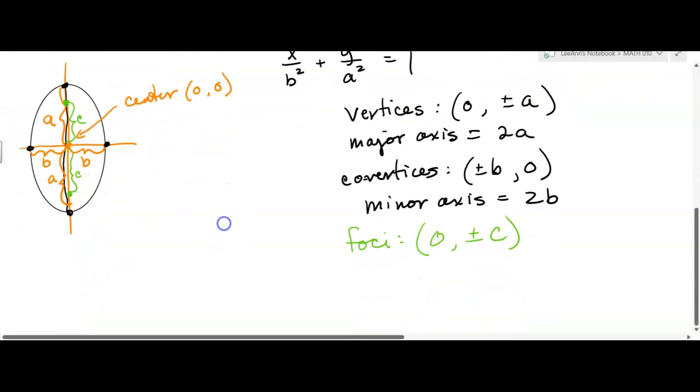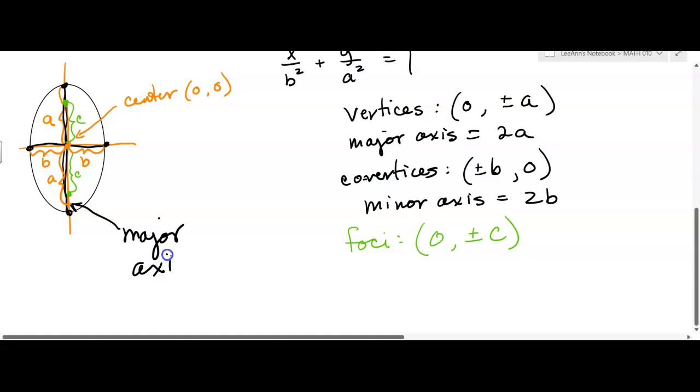Okay, so hopefully you got all of that. I didn't draw the major axis and the minor axis in, but I can. So here's the major axis coming through here, and then there's the minor axis coming through there. Whoops, I drew it to the wrong one. Darn it. Get that out of there.